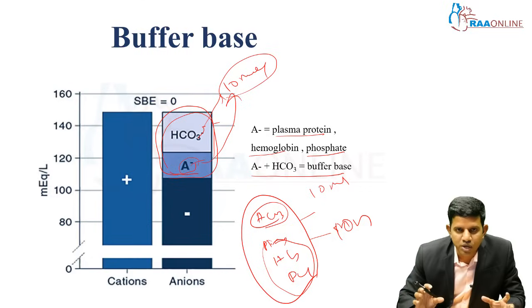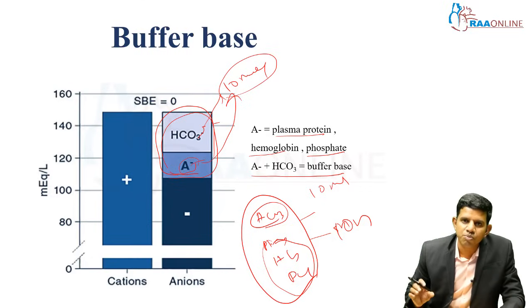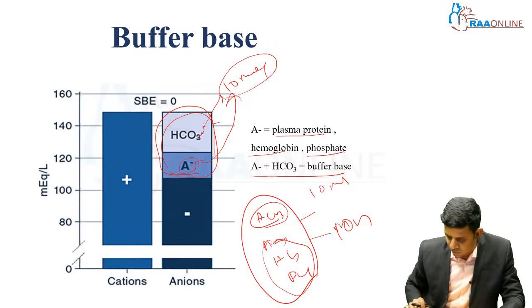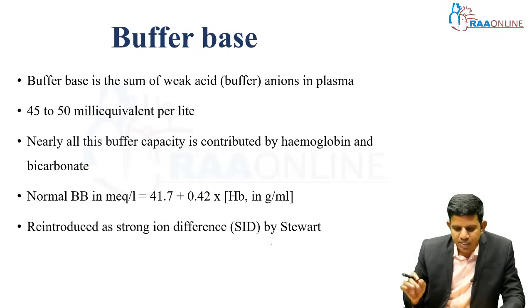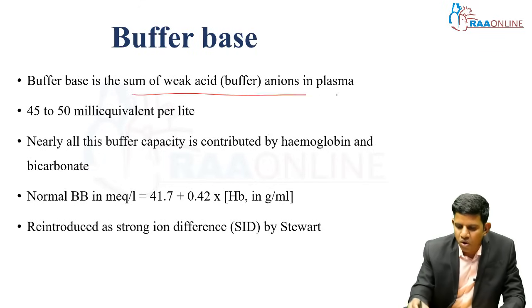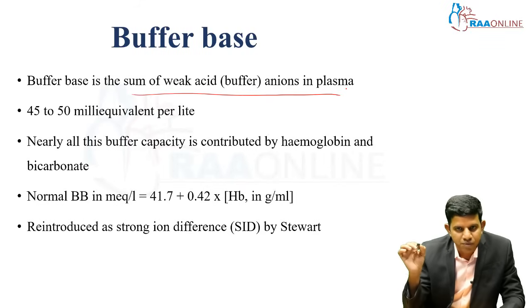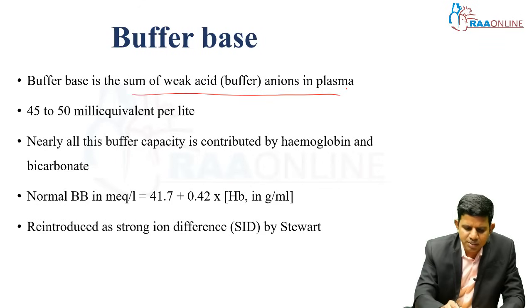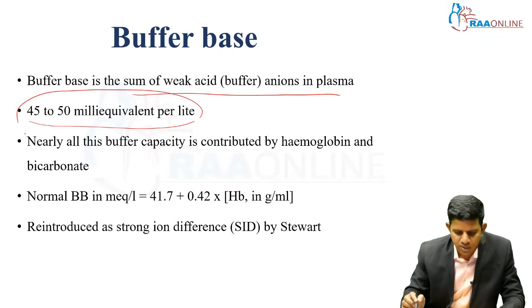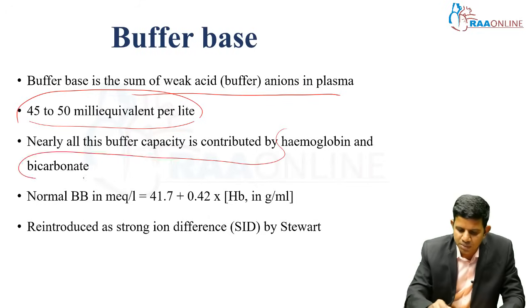So, quantifying the buffer base will give an idea about how much acid is added to the patient's body. The buffer base is the sum of the weak acid anions, the buffer anions in the plasma. Normally it is 45 to 50 milliequivalent per liter. It is mostly contributed by the hemoglobin and the bicarbonate.